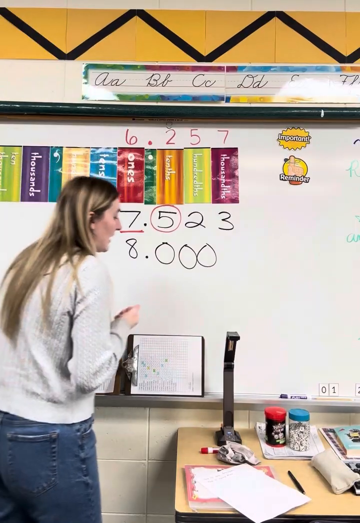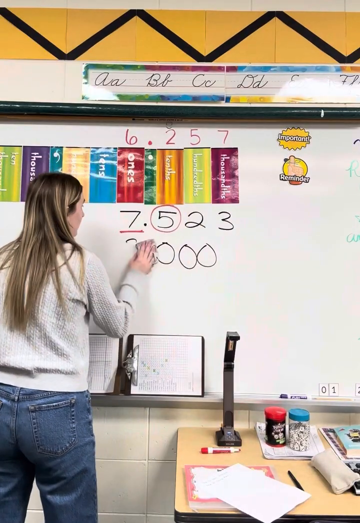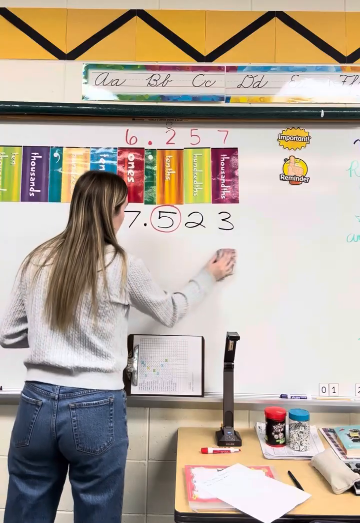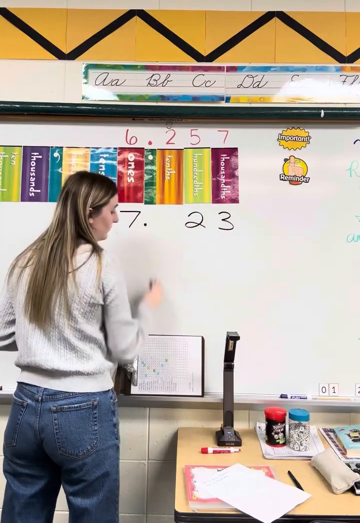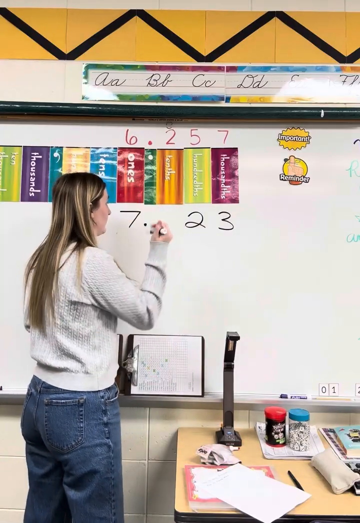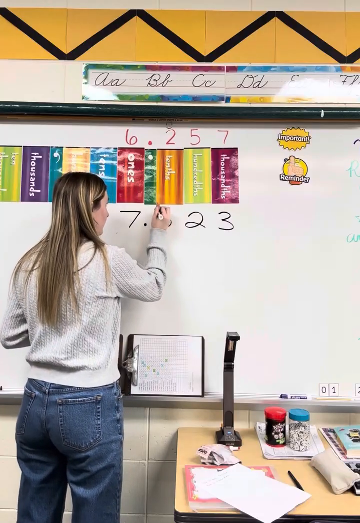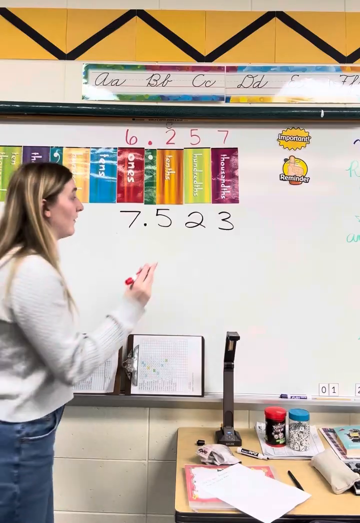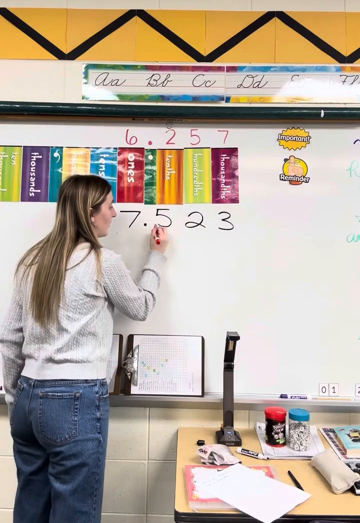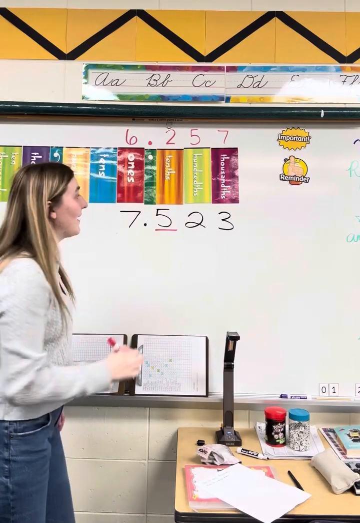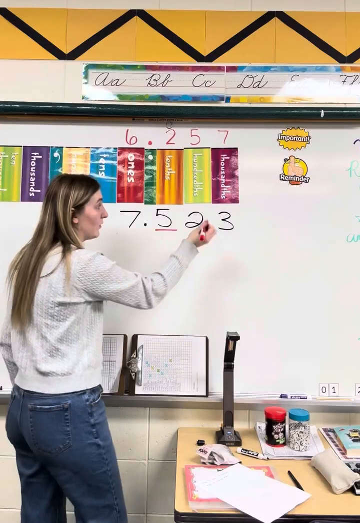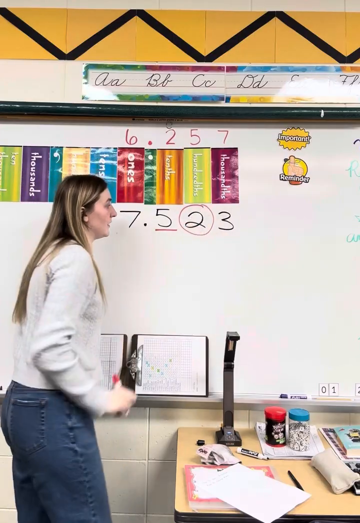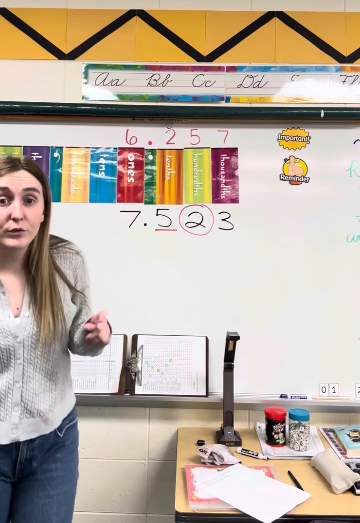So let's work on if we wanted to round to the tenths. If I told the student that we wanted to round it to the tenths, they would go to the tenths spot, underline it, and then go to the next place value as their helper friend. This time it's a 2.